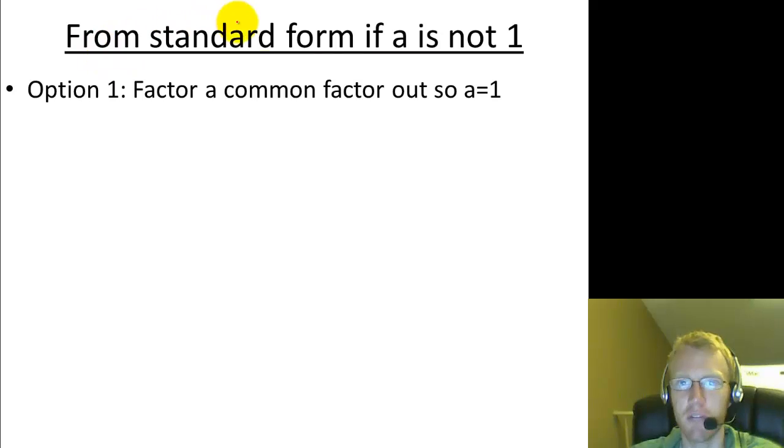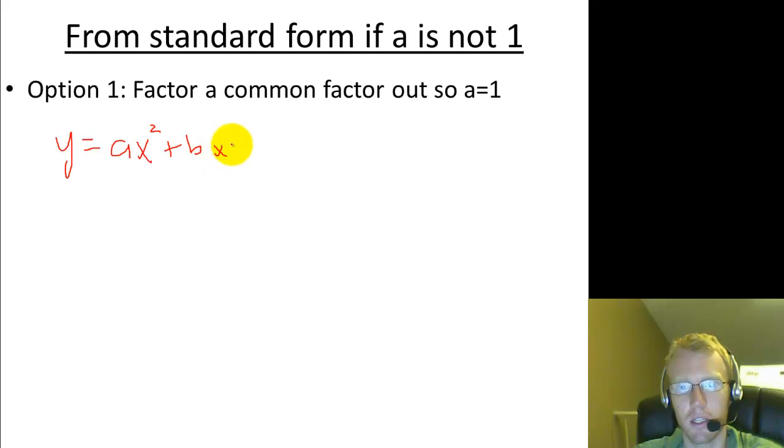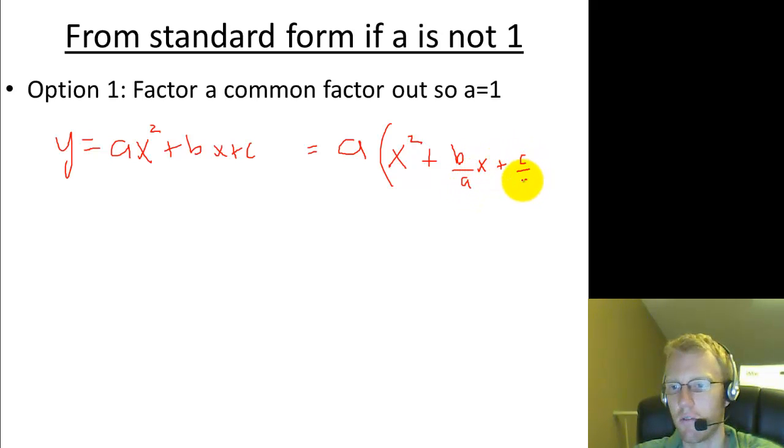Okay, if you're coming from standard form, but the leading coefficient a is not equal to 1, things get a lot trickier. So if you have y equals ax squared plus bx plus c and you want it in factored form, option 1 is to try to factor out this a value. If you factor out a, you're left with x squared plus (b over a)x plus c over a.